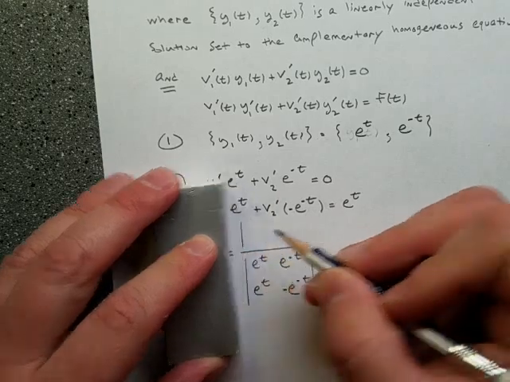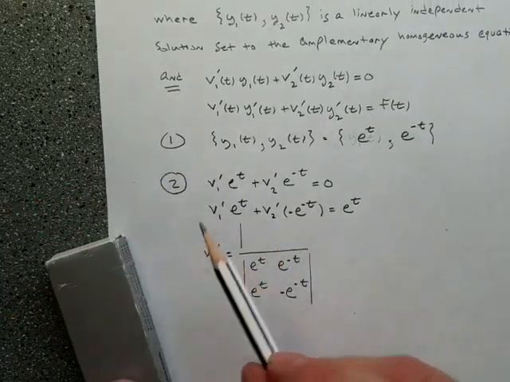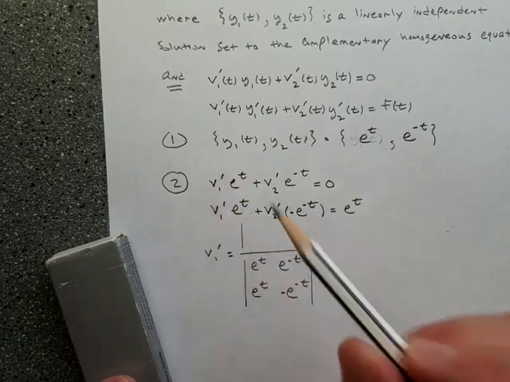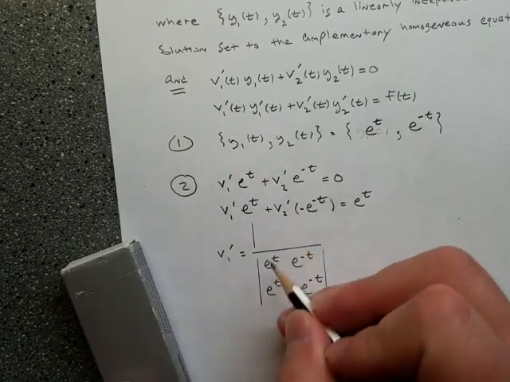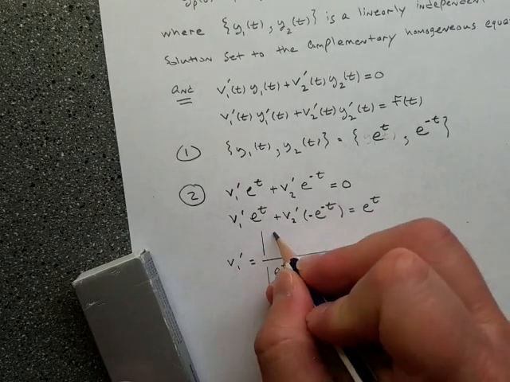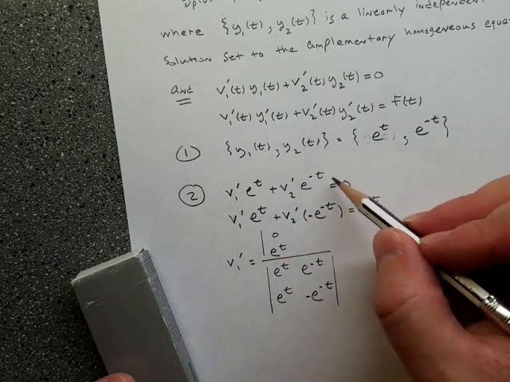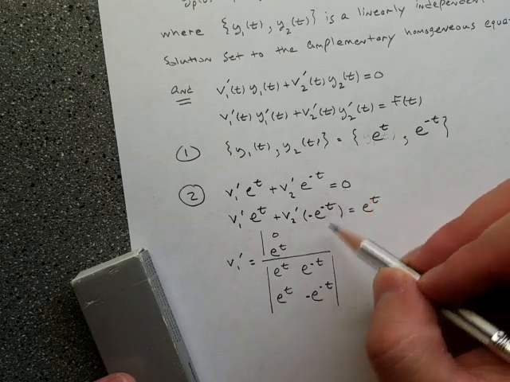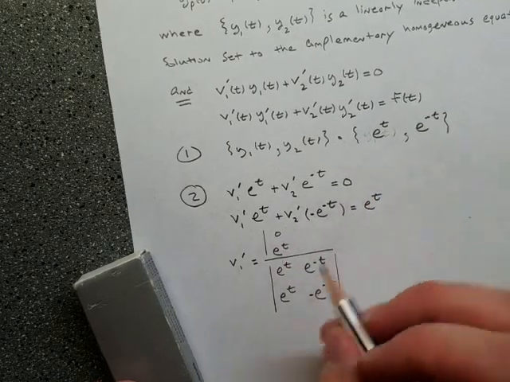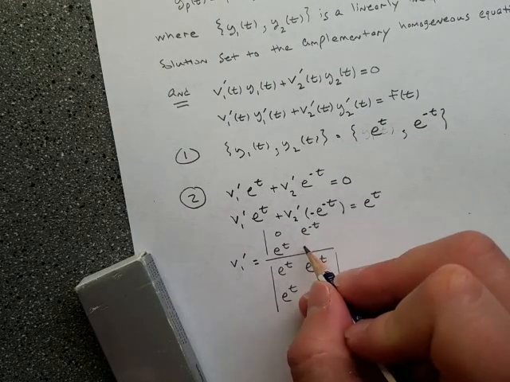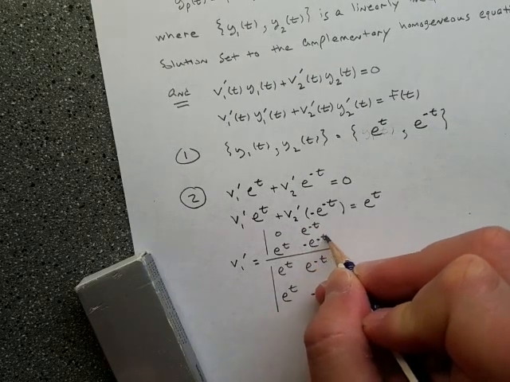Above it, here's what we do. If we want to solve for our first unknown, and this first column happens to be v1, I replace the first column here with 0 and e to the t, which are these. And then I replace only that column. Otherwise, this other column should be e to the minus t, minus e to the minus t.